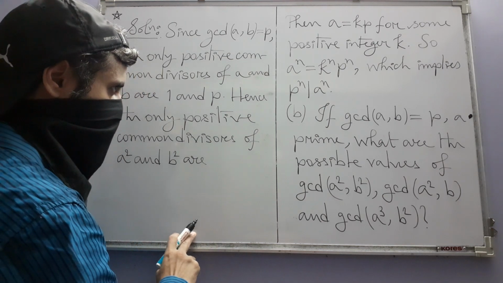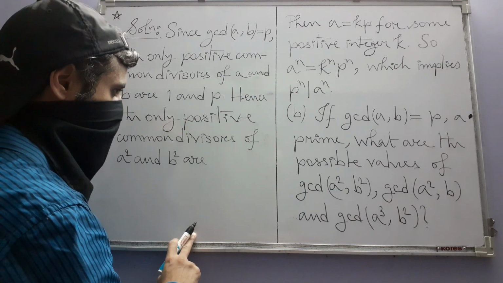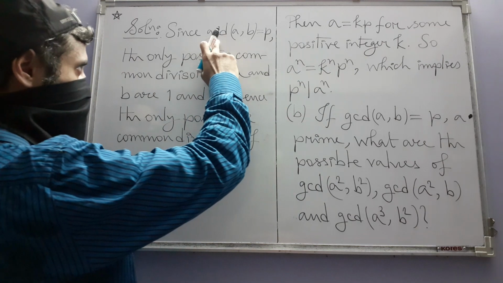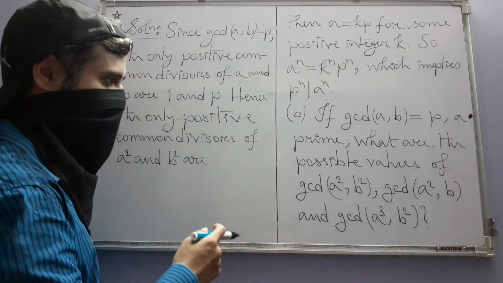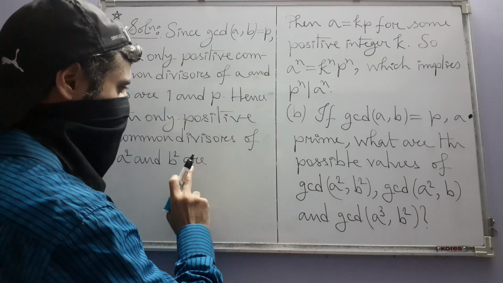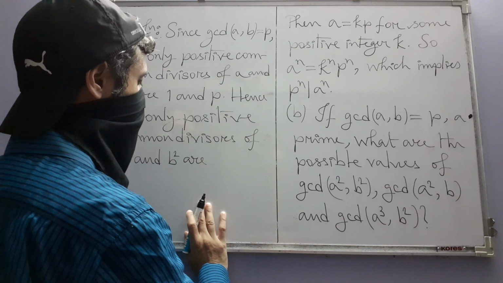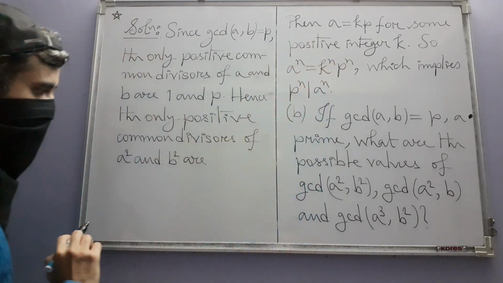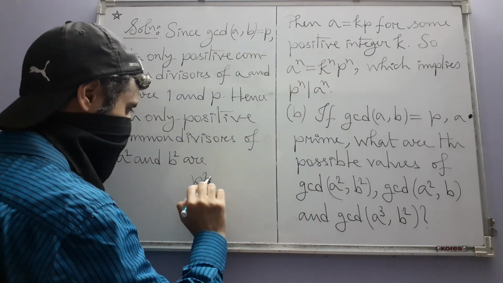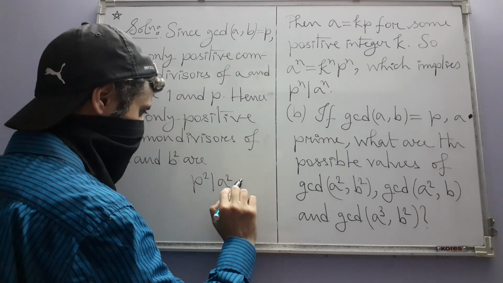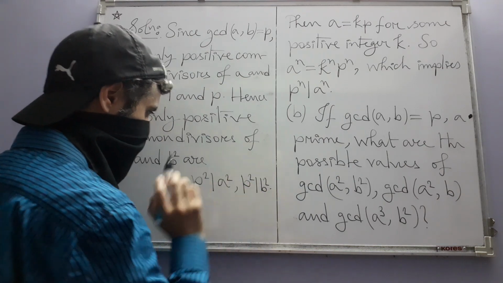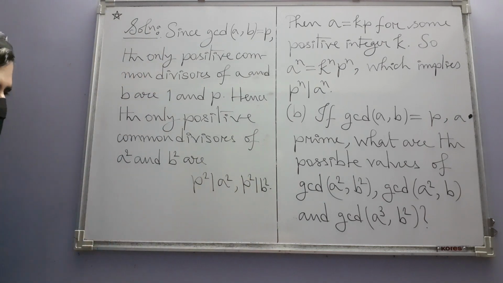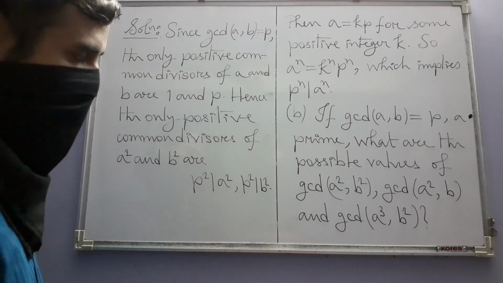You see, p divides both a and b, right? Because being the GCD, it is after all also a common divisor. So p divides both a and b, and that implies, as in the previous part, that p square also divides a square and b square.